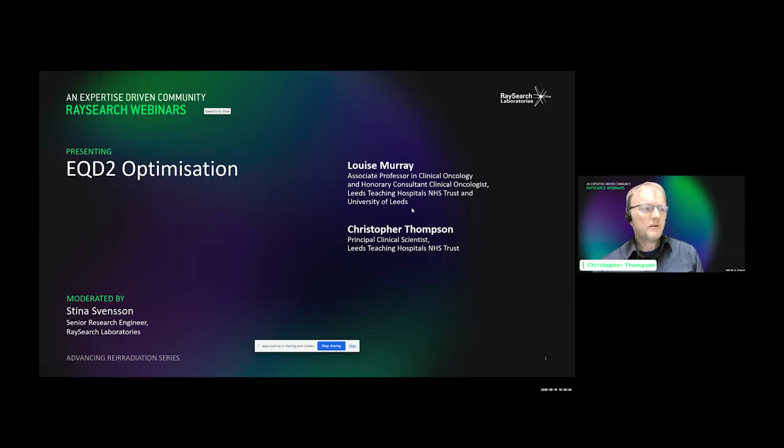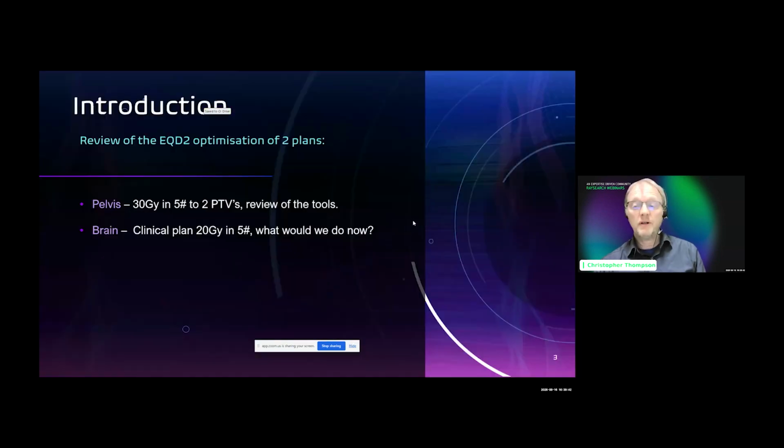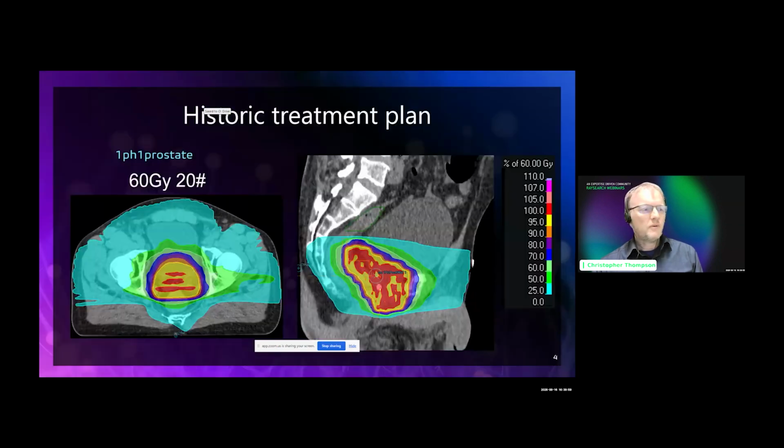So I'm going to start by talking about a pelvis patient that Jakob's kindly shown you so far. Just go through some of the decisions and pathways you might like to consider as you use this new tool. And then I'll hand over to Louise to go through a brain case. So if we imagine we've got this case presenting to us in clinic, they've previously had this historic treatment.